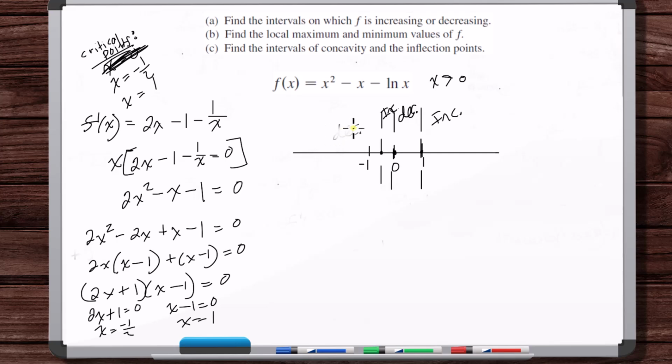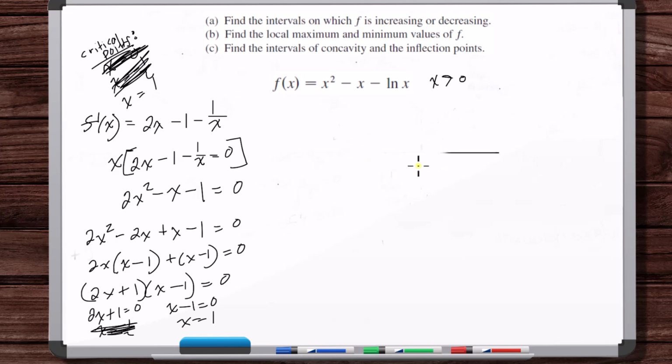This is outside of the domain, so this is not a critical point either. I didn't explain that clearly, but you see what I'm saying? We should have identified the domain of the function first. So there's only one critical point, at x is equal to 1.